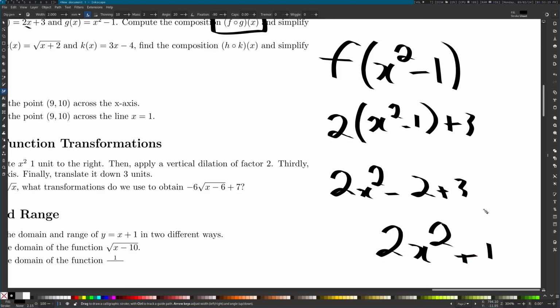So it's the square root of 3x minus 4 plus 2. So that's just the square root of 3x plus 2. Wait, no, it would be minus 2. You're right, it is minus 2.